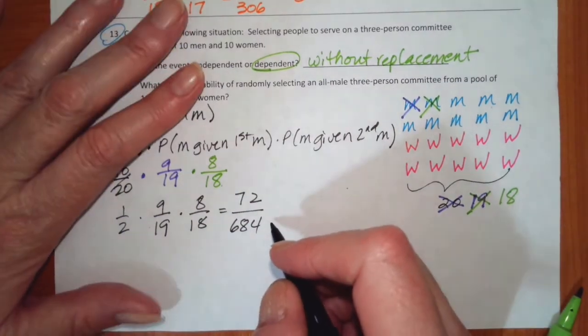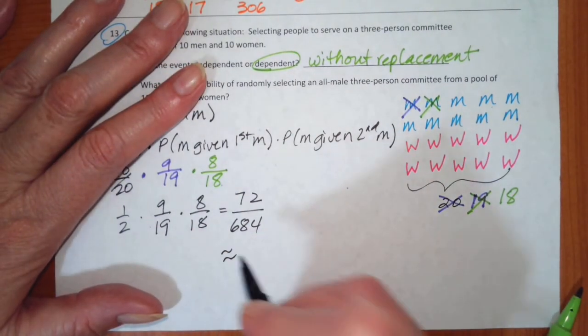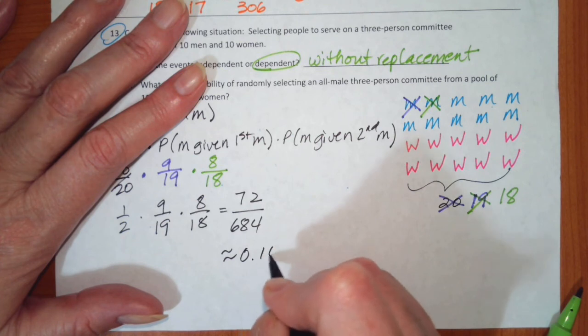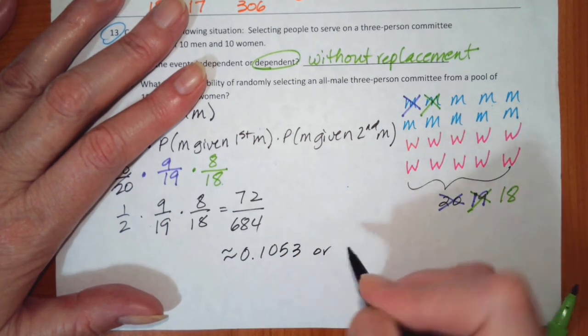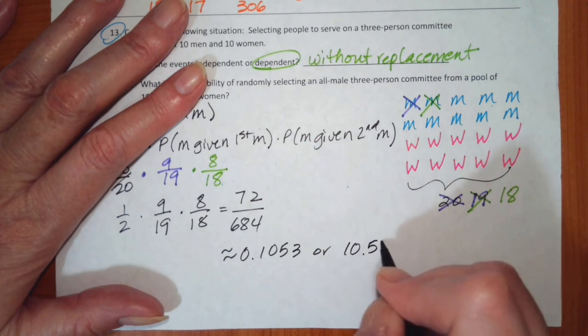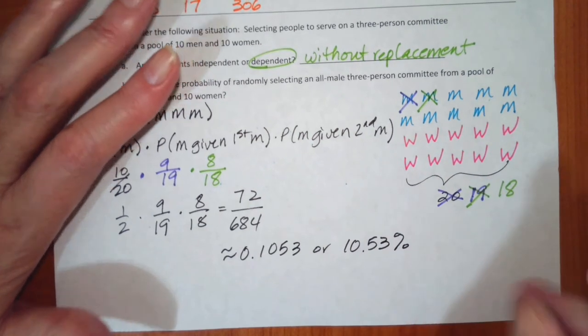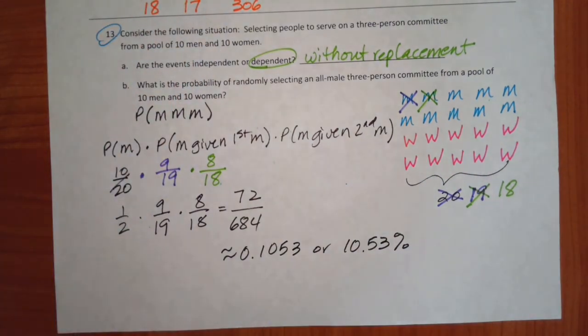If I want to write that as a decimal, this is 0.1053 or 10.53%. Okay, the end. We'll do 7C next time.